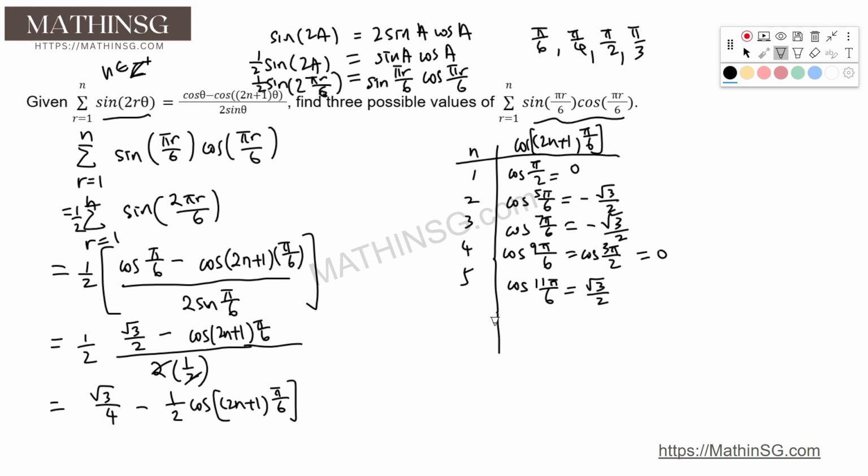If I were to repeat this, you'll notice the pattern starts to repeat. Basically use your GC, but you just need to know which exact values the decimals correspond to. Then this one is 13π/6, so it is root 3 over 2 again. Then you put in 7, so it's cosine 15π/6, which is back to 0.